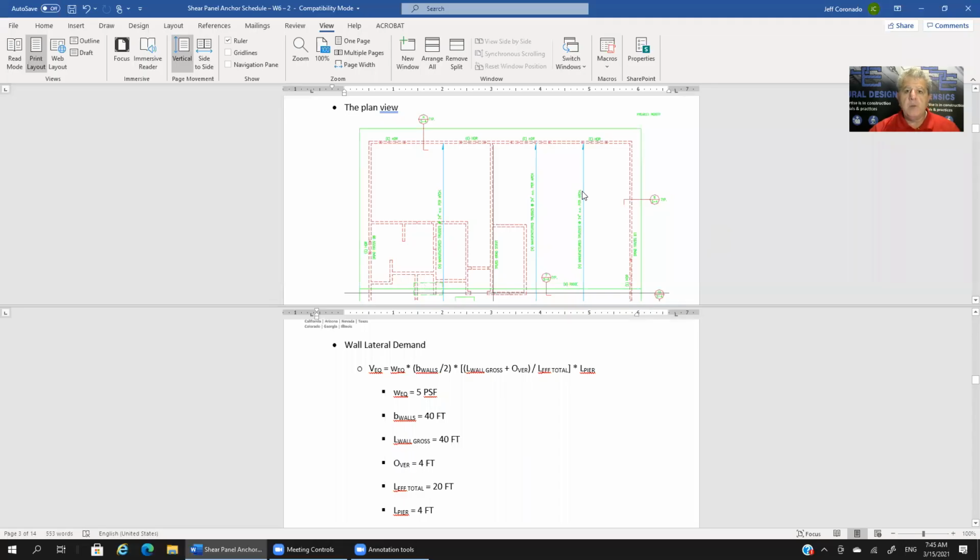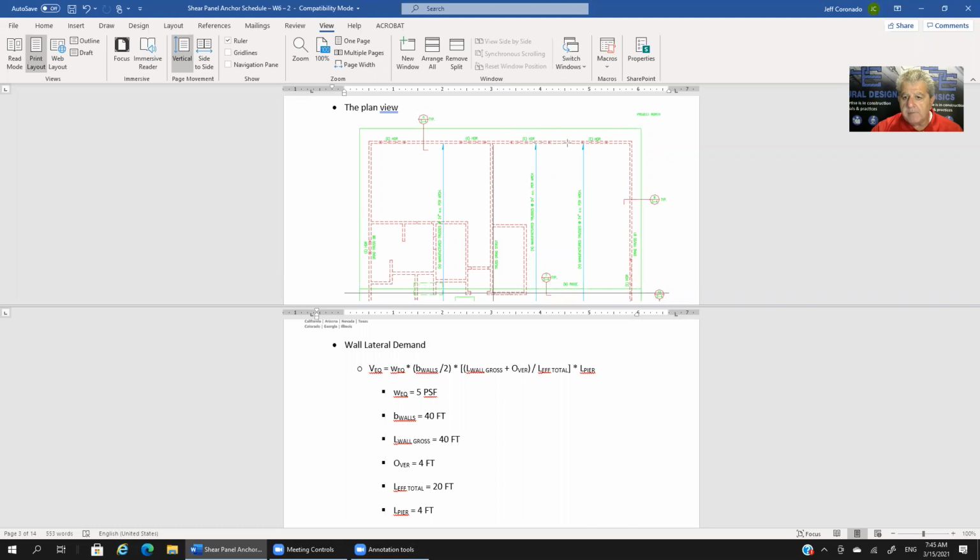The first thing that we want to determine here is what is the lateral force, which is what we are calling the earthquake. What is the lateral force on the wall, and in particular, our wall pier?